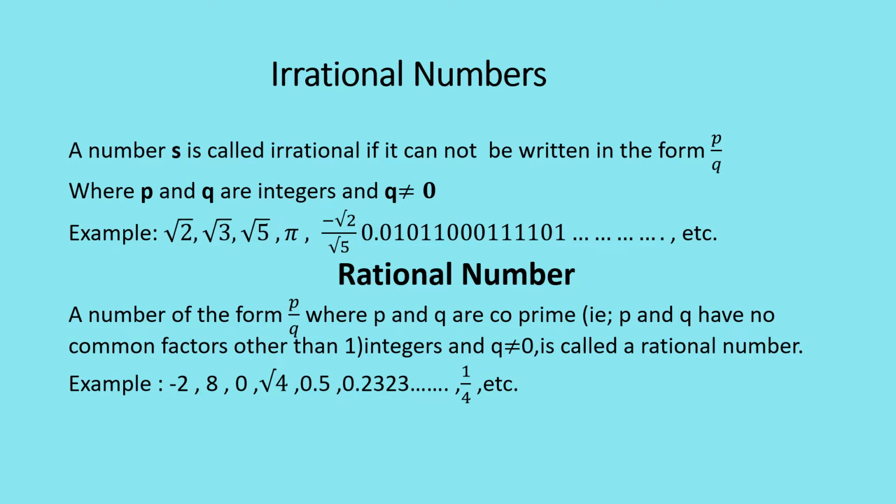Root 4 can be written as 2. Then coming to the decimal form of rational numbers, it may be a terminating decimal or non-terminating recurring decimals. For example, 0.5, that is a terminating decimal, it is a rational number, and 0.2323 etc. That means it is non-terminating but repeating.